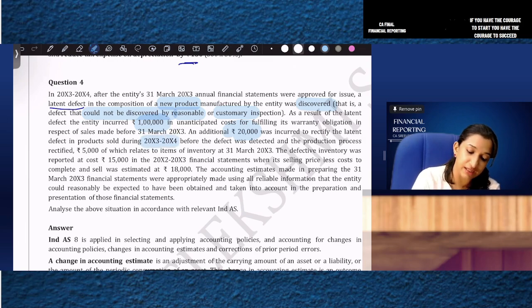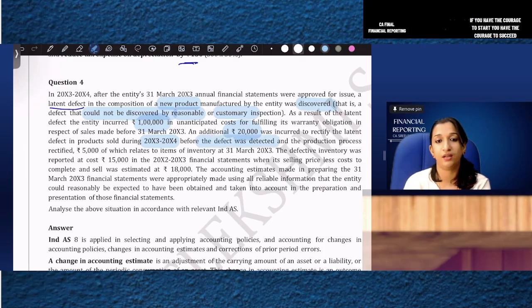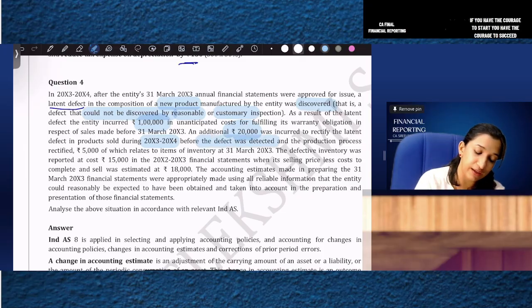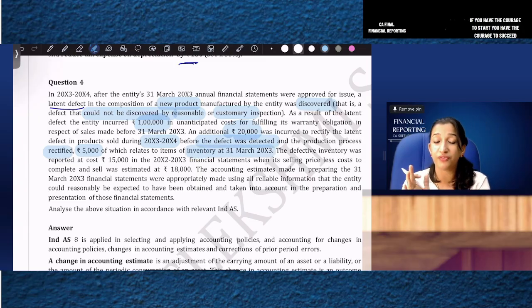Okay, so that is the current year. So last year, 1 lakh provision for warranty. Then an additional 20,000 was incurred to rectify the latent defect in products sold during 13-14 before the defect was detected, and the production process was rectified. 5,000 of which relates to items of inventory. The production process is now rectified.